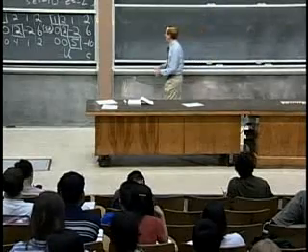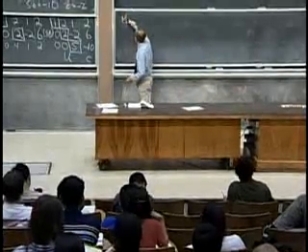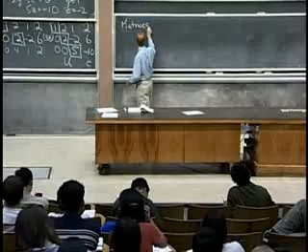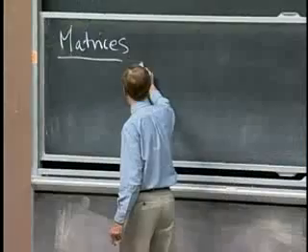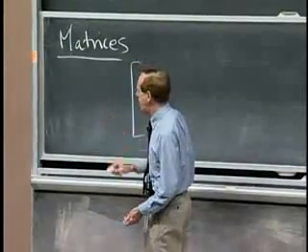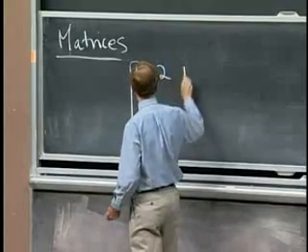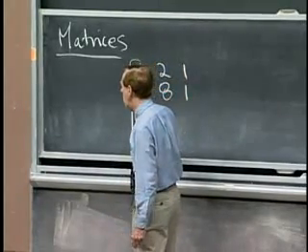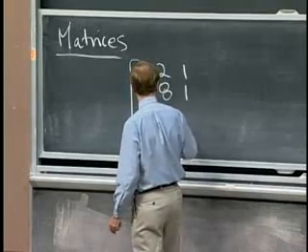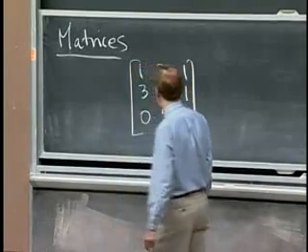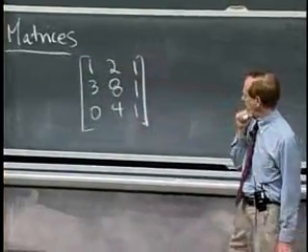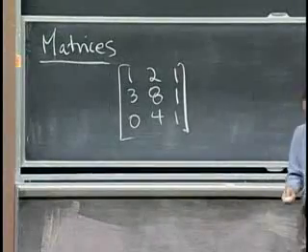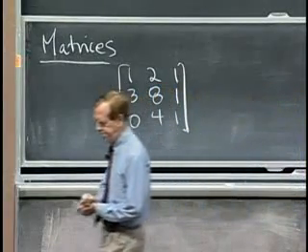So now this is elimination matrices. Okay, let me take that first step, which took me from 1 2 1, 3 8 1, 0 4 1. I want to operate on that. I want to do elimination on that.